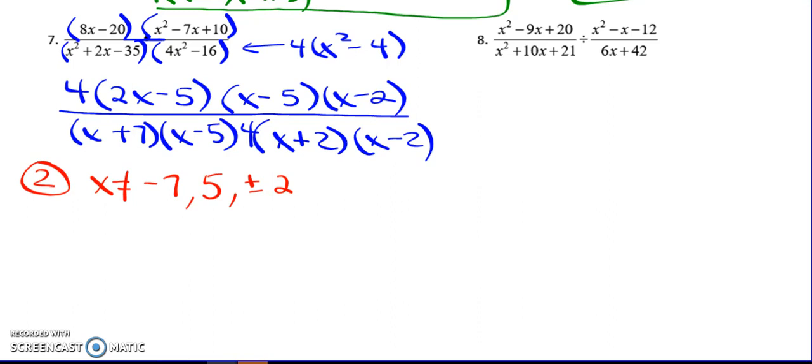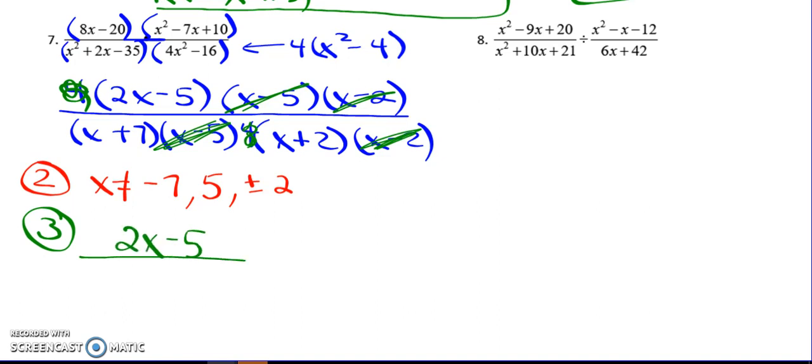All right, so now we move to step 3, cancel out what we can. Looks like x minus 5, x minus 2, and even the 4. So what's left is 2x minus 5 over x plus 7 times x plus 2.